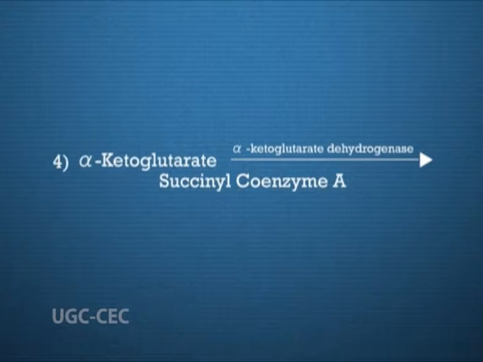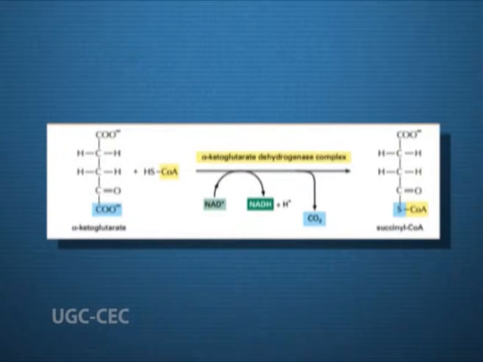Next step: succinyl coenzyme A is formed by the oxidative decarboxylation of alpha-ketoglutarate. The conversion of isocitrate into alpha-ketoglutarate is followed by a second oxidative decarboxylation reaction, the formation of succinyl-CoA from alpha-ketoglutarate. This reaction is catalyzed by a multi-enzyme complex, the alpha-ketoglutarate dehydrogenase complex.